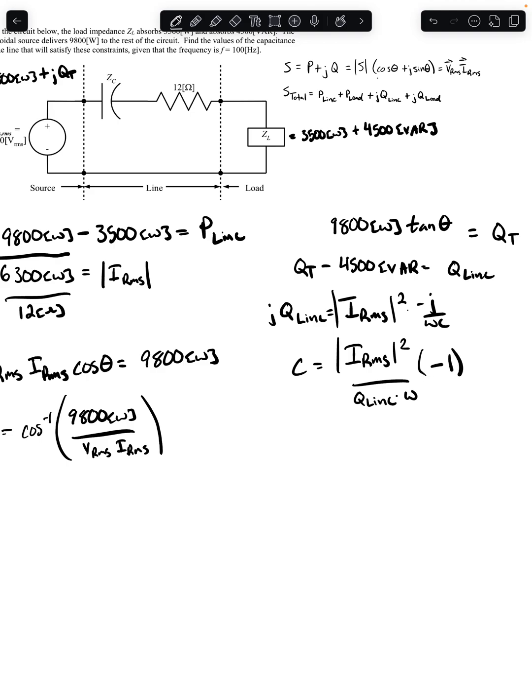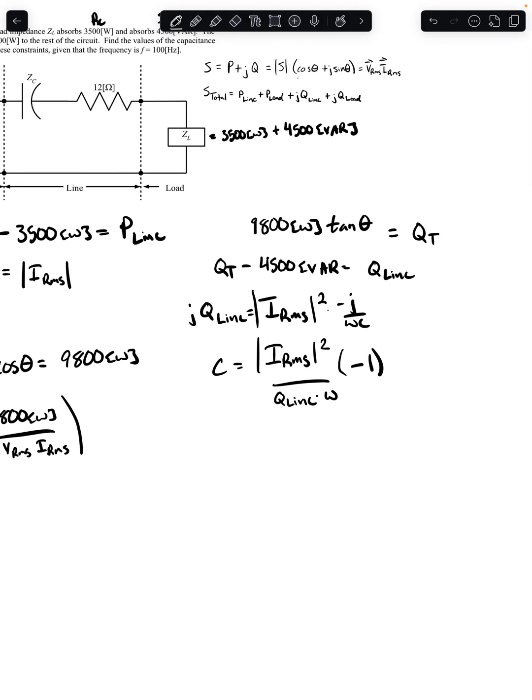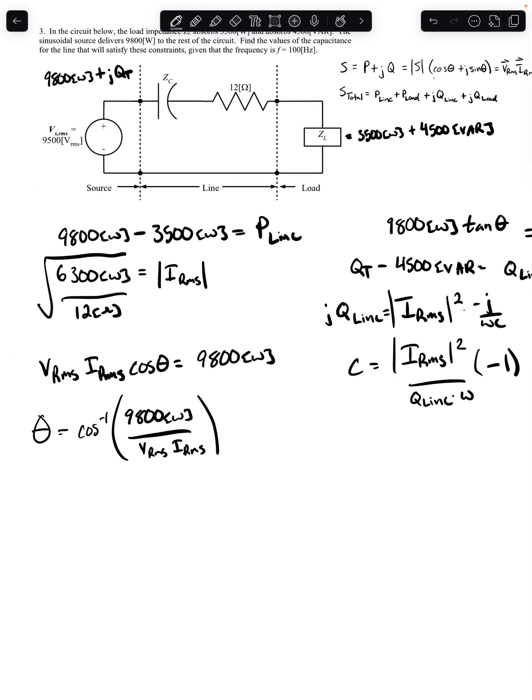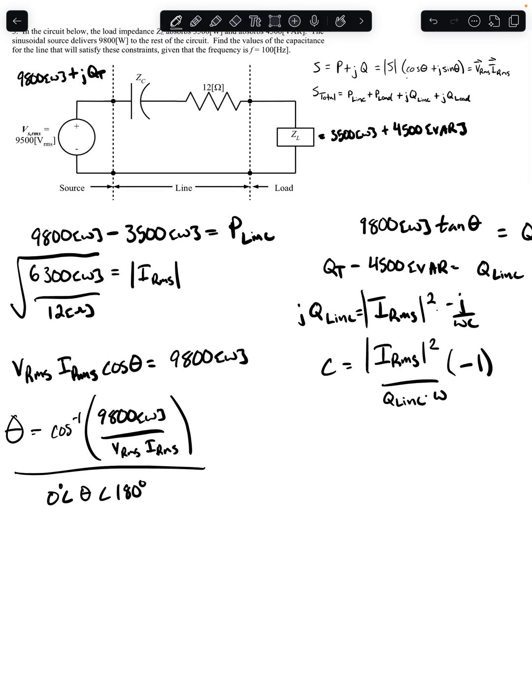C can never be negative, and so when we solve for Q line, we'll actually get two versions of Q line, because over here at cosine theta, this is going to give us something between 0 and 180 degrees. And because of the way cosine works, it could also be anything -1 times that.